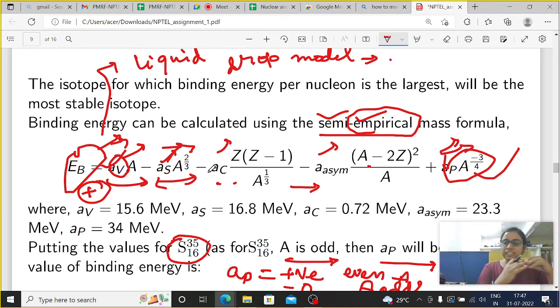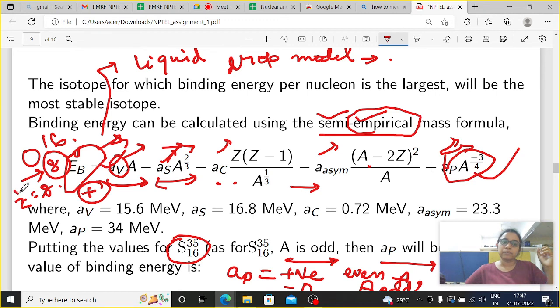So this basically signifies the asymmetry between the number of neutrons and protons. Like in oxygen-16, let's think, Z is 8, so that means the proton number is 8, and what will the neutron number be? The neutron number will also be 8.